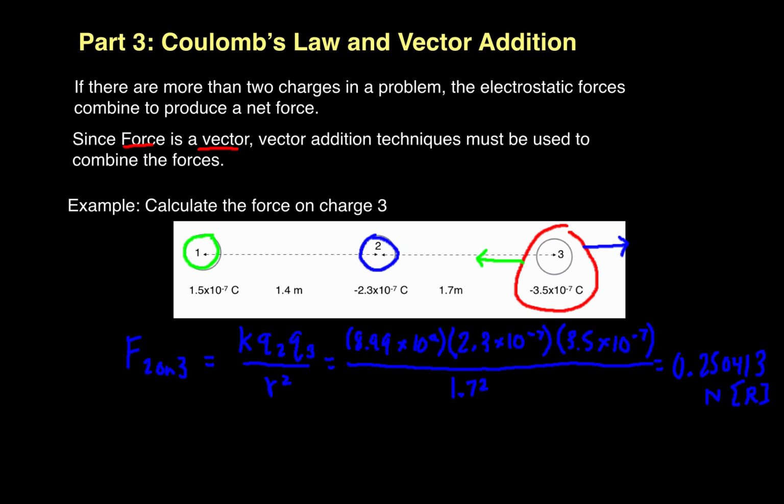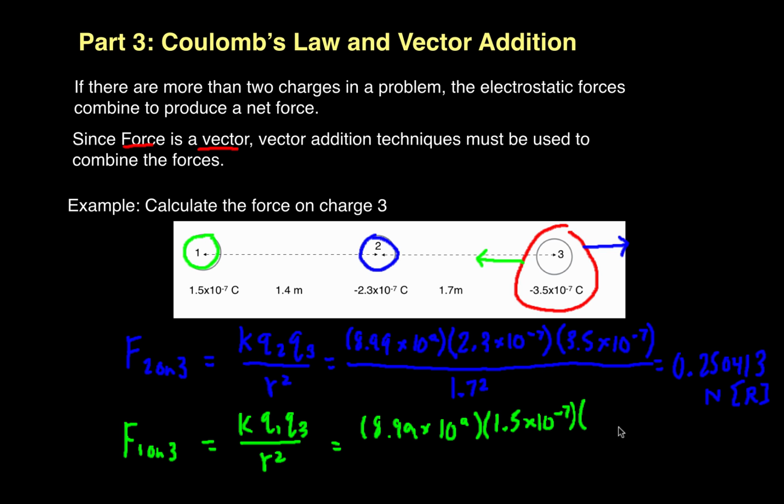The second force is the force of 1 on 3. This is k q1 q3 over r squared. 8.99 times 10 to the 9 is Coulomb's constant, times q1, which is 1.5 times 10 to the minus 7, and q3, which we're going to enter only as positive because the negative sign refers to charge and not direction, divided by the distance between them, which is the total distance, which is 1.7 plus 1.4 squared.